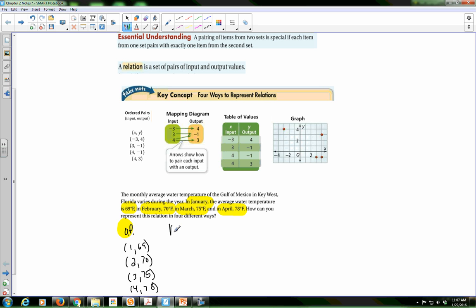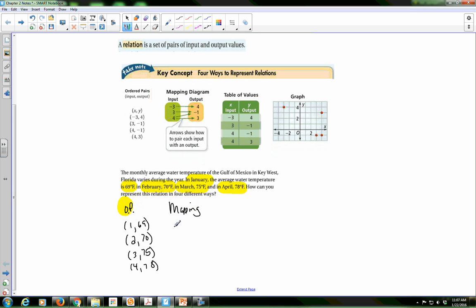The second way, with the mapping, is we're going to have an input and an output. So we've got an input of 1, 2, 3, 4, and our output is 69, 70, 75, 78. And we arrow.